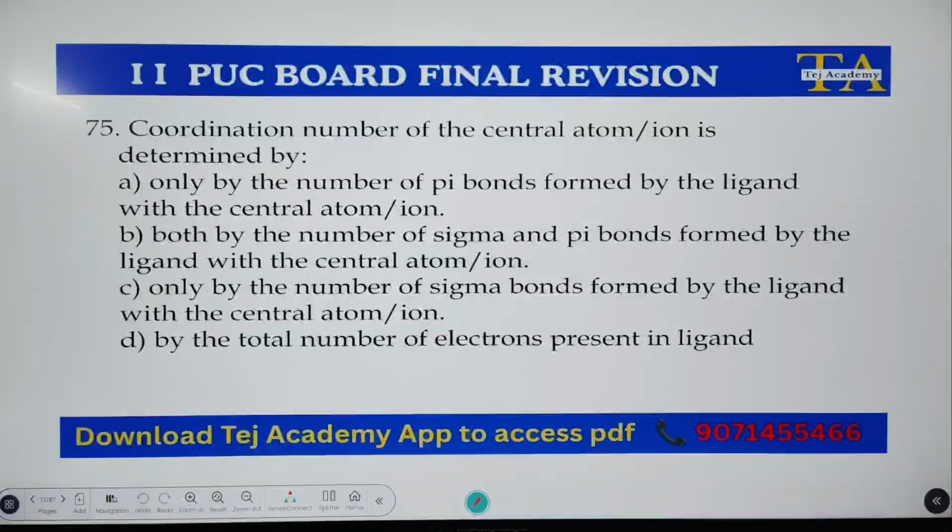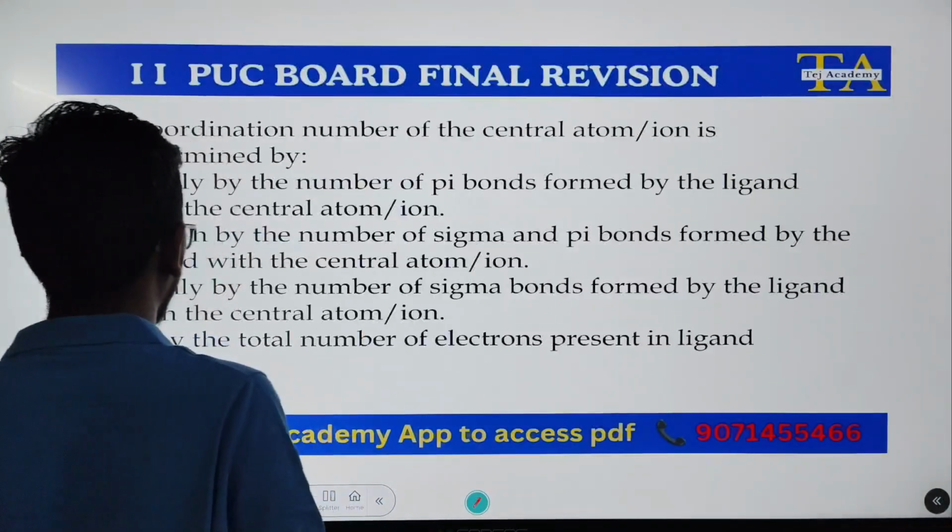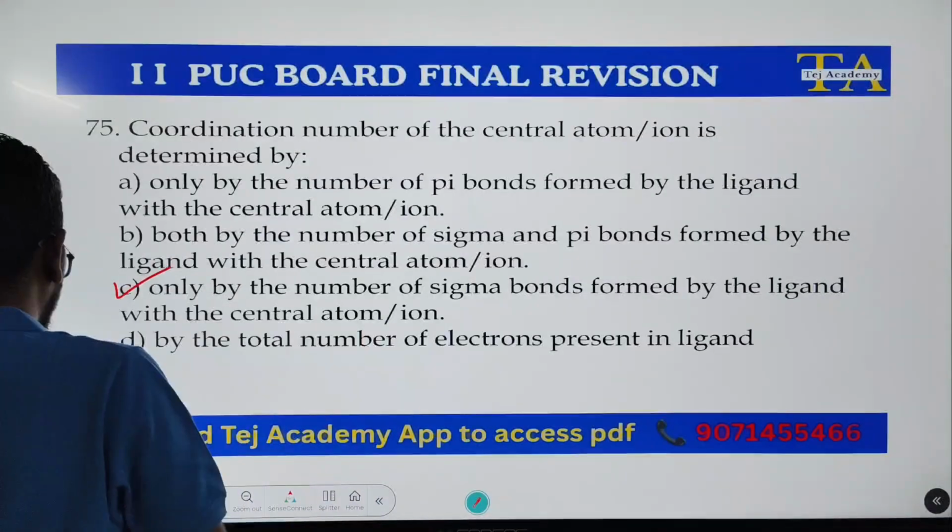The coordination number of the central atom or ion is determined by only the number of pi bonds formed by the ligand with central atom ion? No. Both the number of sigma bonds and pi bonds formed by the ligand with central atom? No. Only the number of sigma bonds formed by the ligand with central atom? Yes. By the total number of electrons present in the ligand? No. So option C is the right answer.